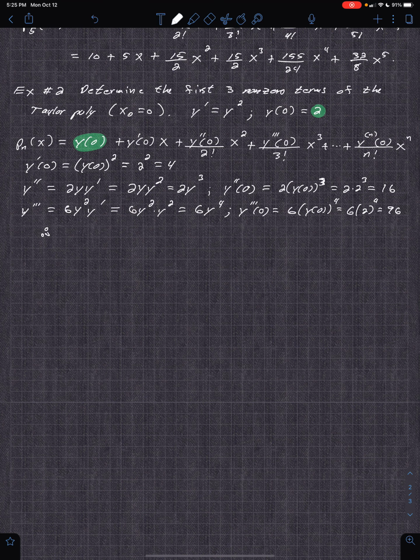Therefore, our p sub n of x is equal to, and now we can just substitute in the values.